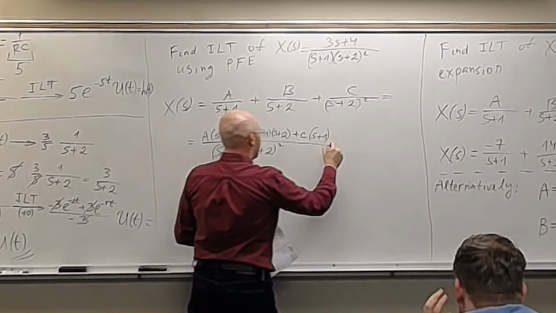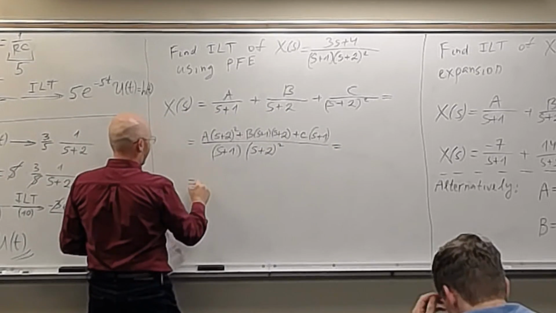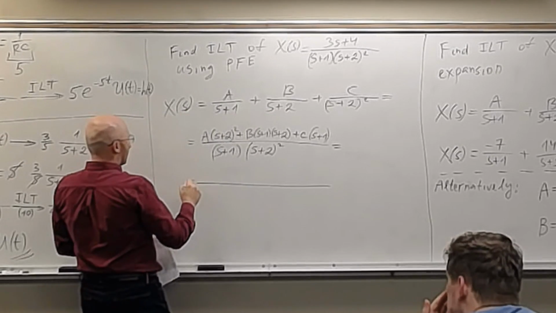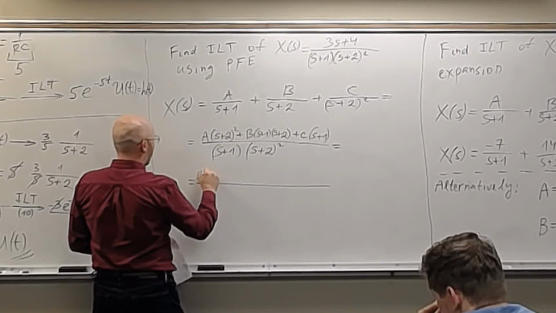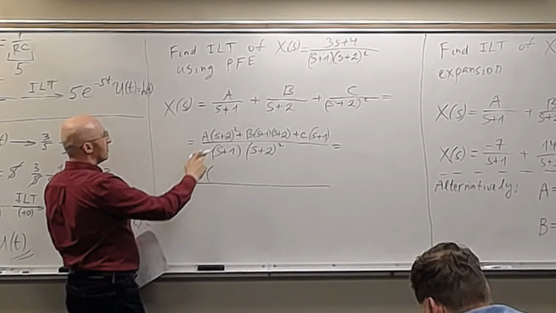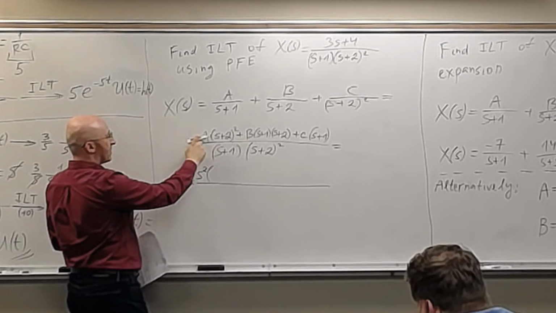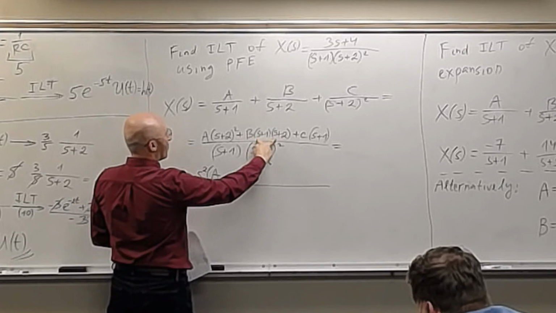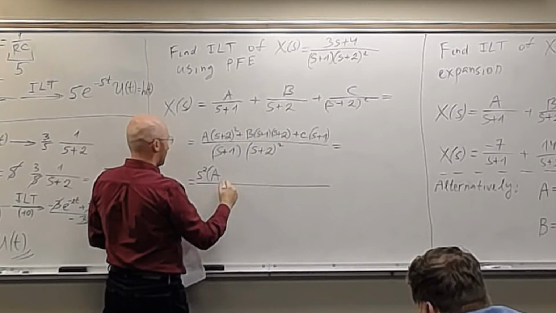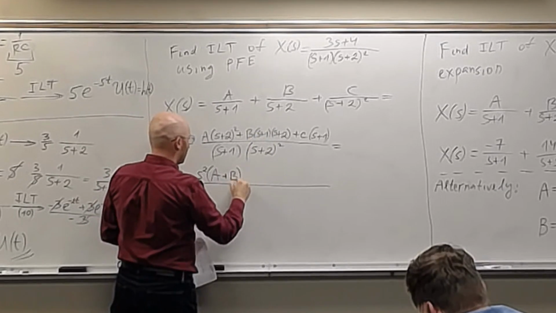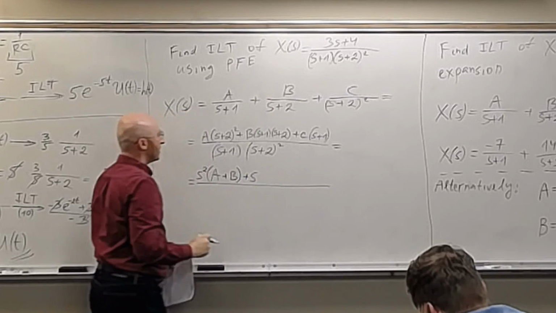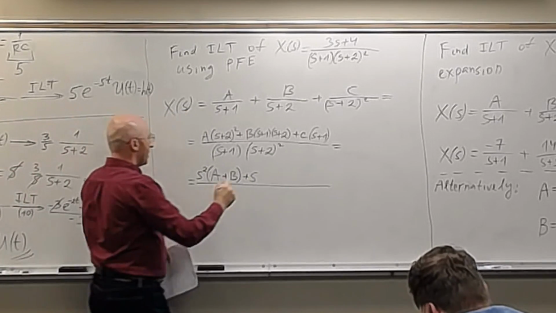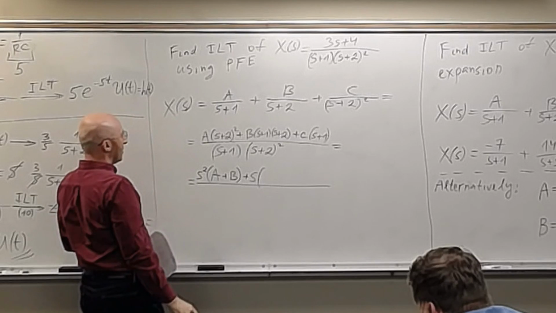Okay, so let's simplify it. Let's see what we have. S squared times what? You have s squared here times a in the first one. You have s squared here times b. So it's a plus b. And nothing else multiplies s squared. Now s is a little bit more complicated.